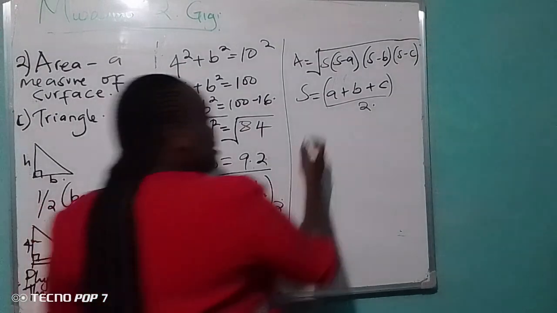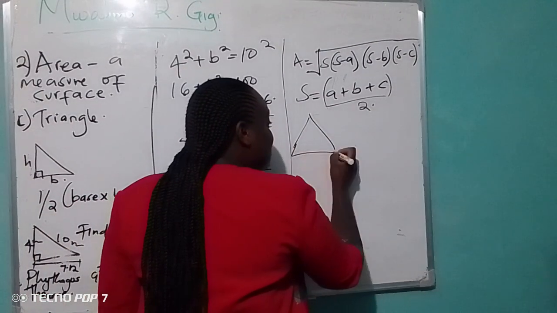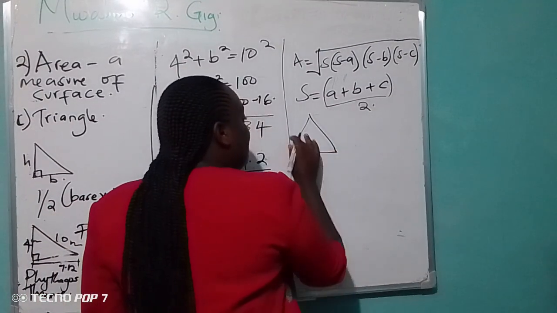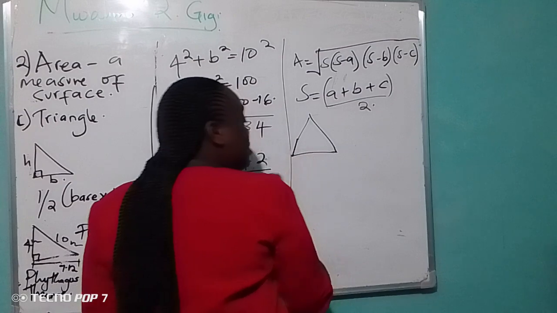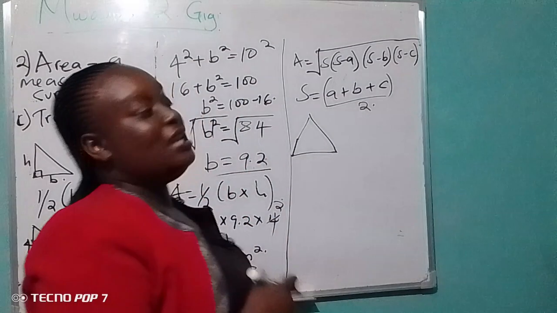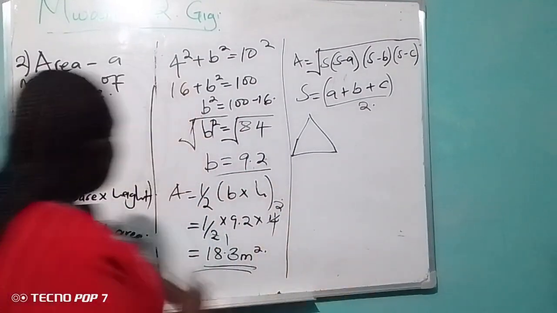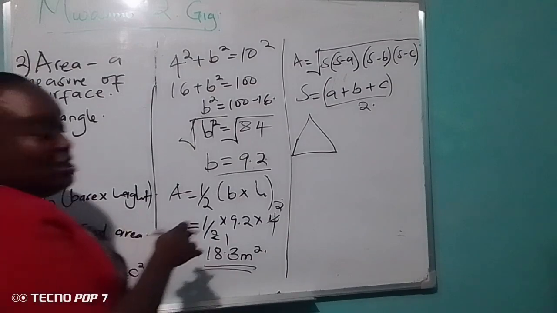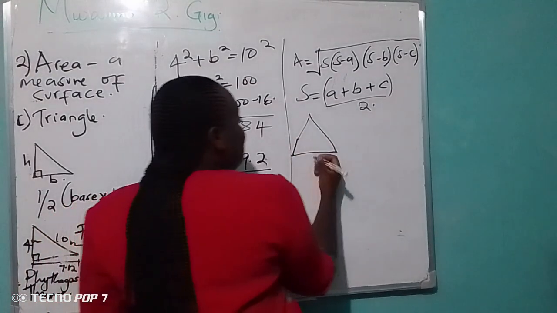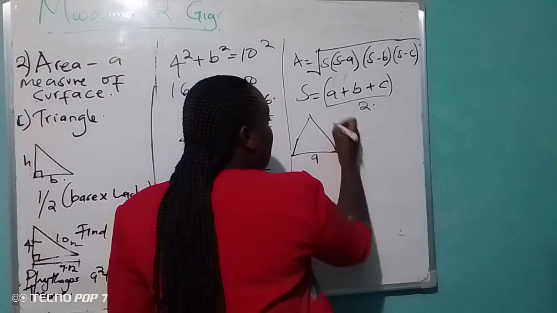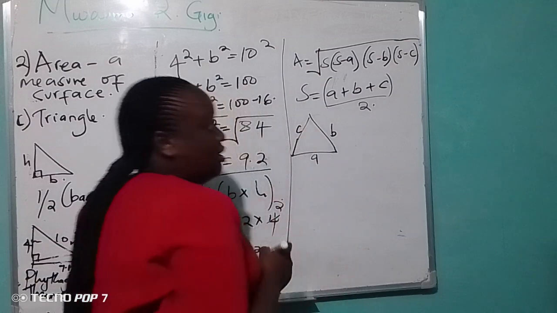So this is a triangle. If it's an isosceles, I mean it's shapeless. This is a right angle triangle, but this one is like a shapeless triangle. So here let's say the sides are A, B, C. Okay?